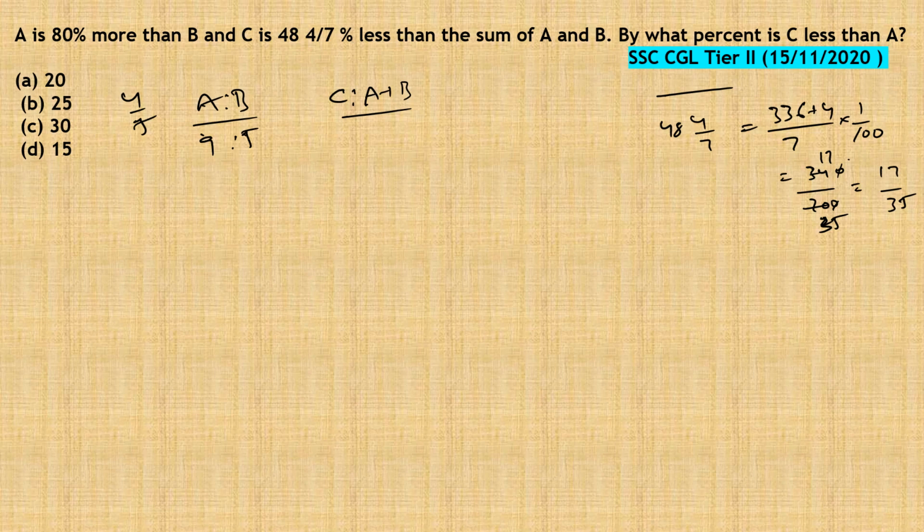C is 17 less than 35, that means 35 minus 17, 18 is to 35 is the ratio of C is to A plus B.